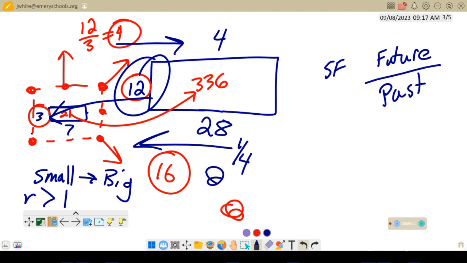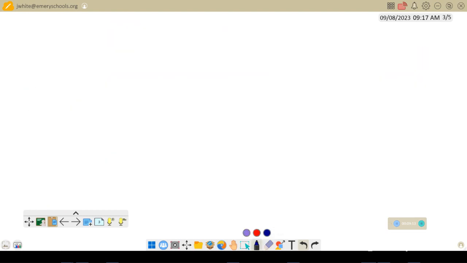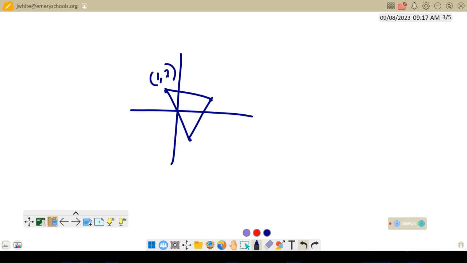If I had a shape in space, so I had this shape here, and it told me this is 1, 2, and this is 3, 1, and then this is 1, -3. Okay.